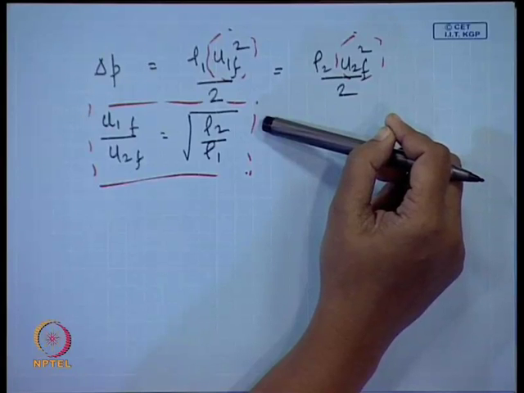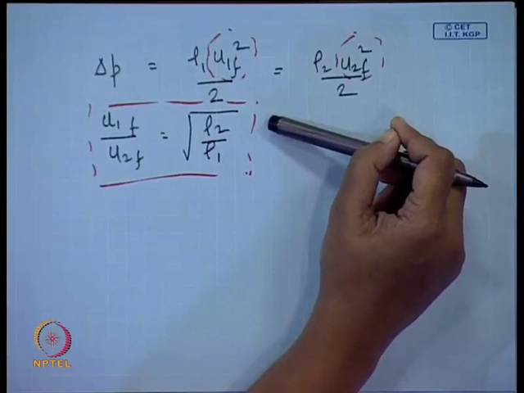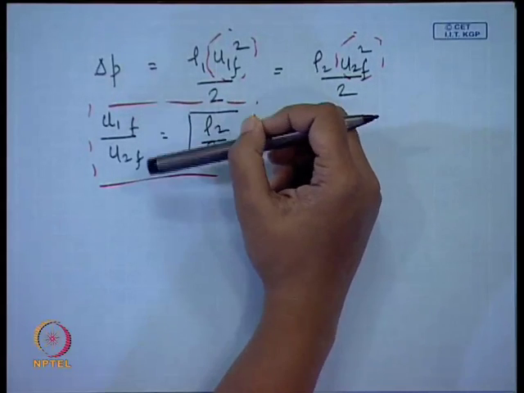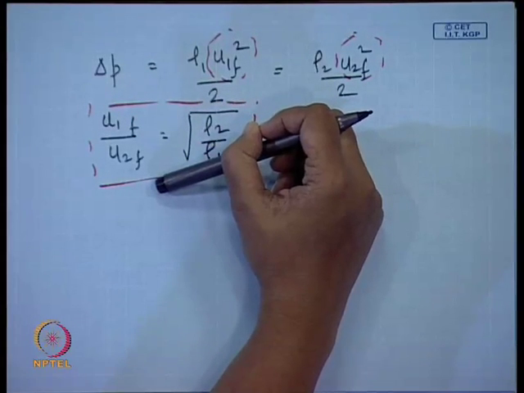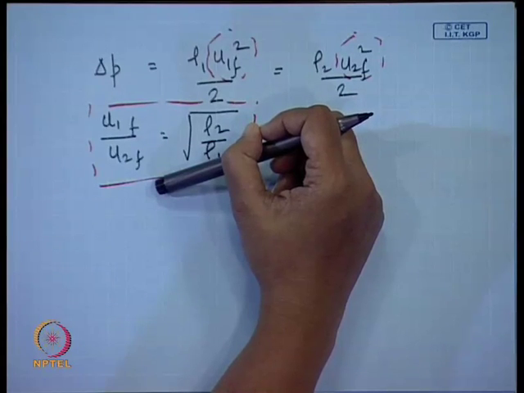So, we find that under conditions of starting with very low velocity and all the other assumptions that I have already stated, the final velocities of phase 1 and phase 2 are in the inverse ratio of the densities of the two phases.